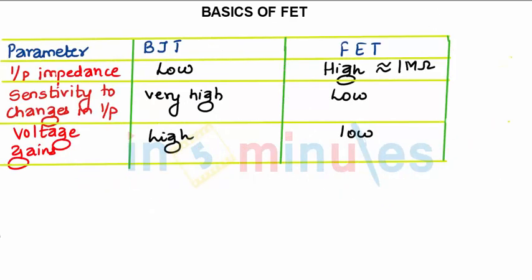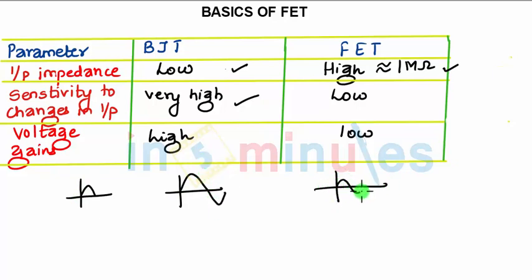Now what is the difference between BJT and FET? Input impedance of BJT is very low, whereas input impedance of FET is very high. It is almost equivalent to 1 mega ohms. BJT has higher sensitivity to the change in the input. Say there is a minute change in the input voltage, there is a large change in the output current. So the sensitivity is very high, whereas here the sensitivity is low.